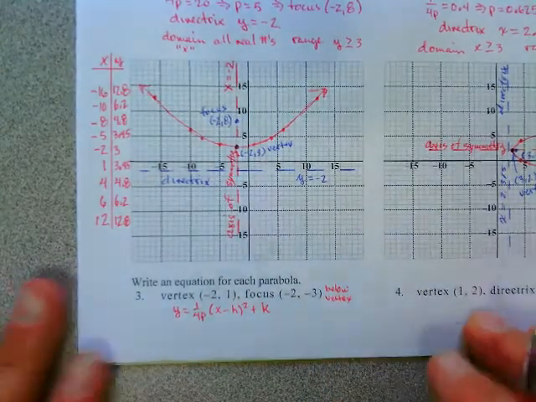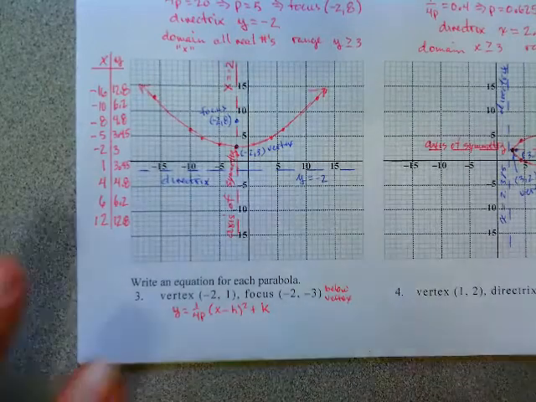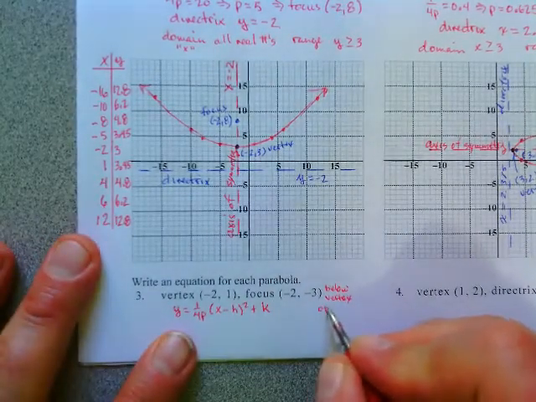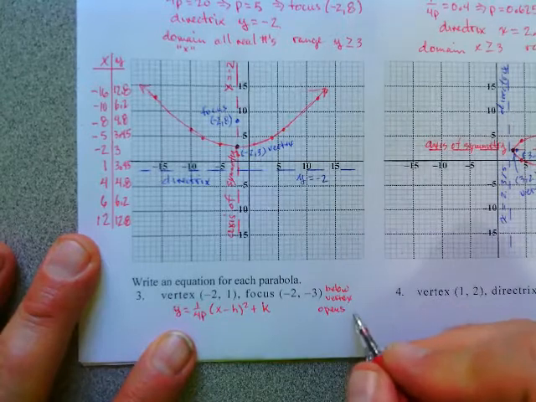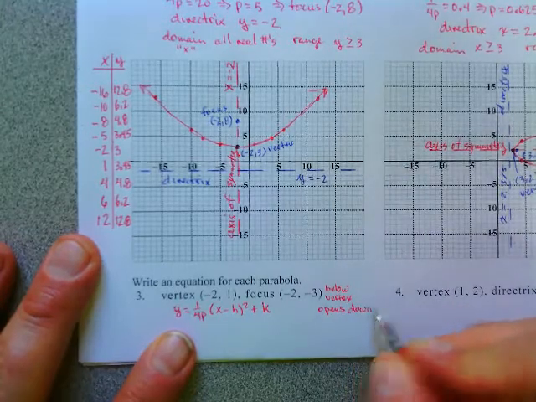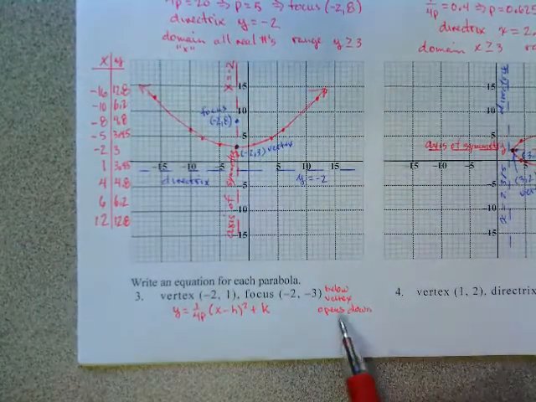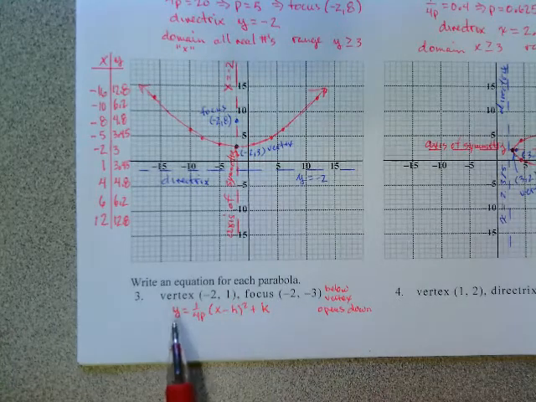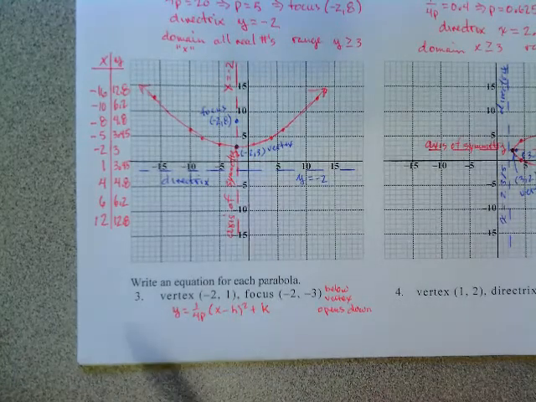And since the focus always has to be inside the parabola, that means this one opens down. And since it opens down, up and down means it's y equals the rest of it.